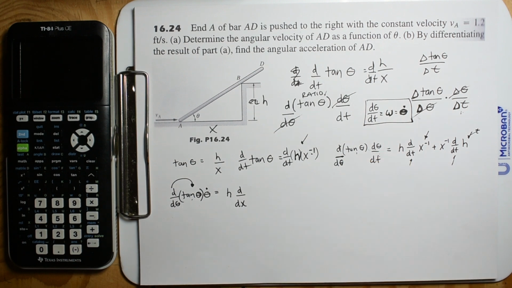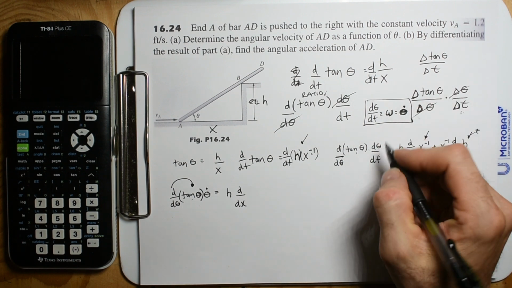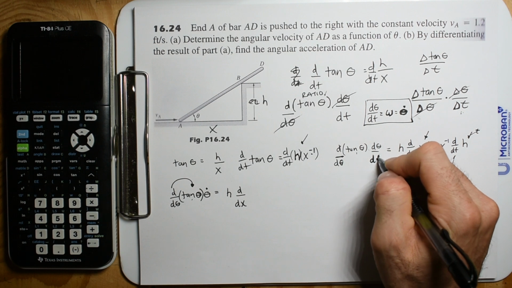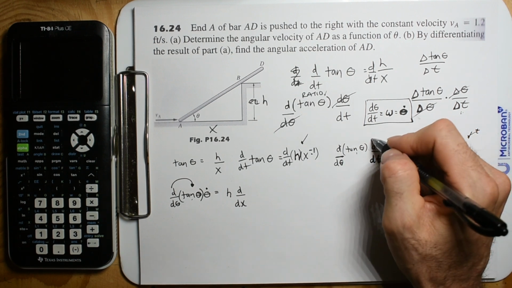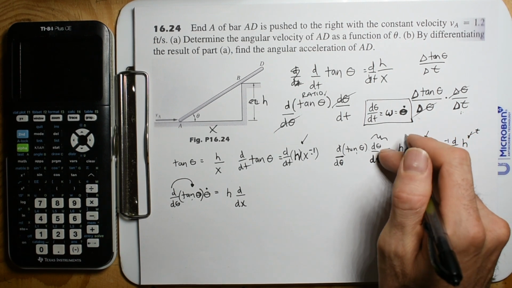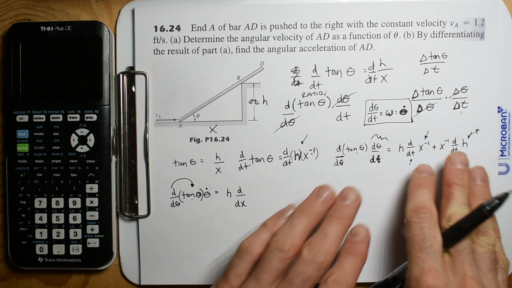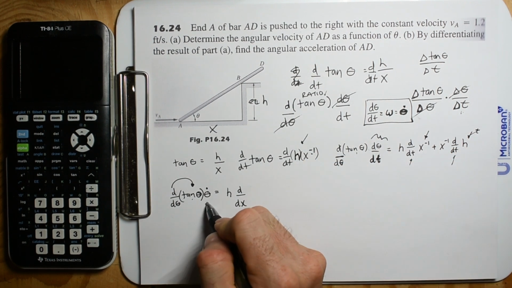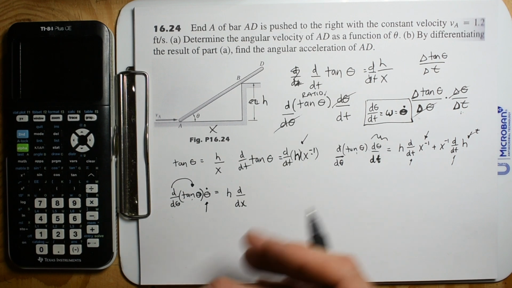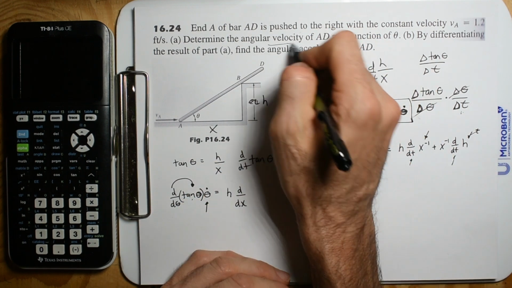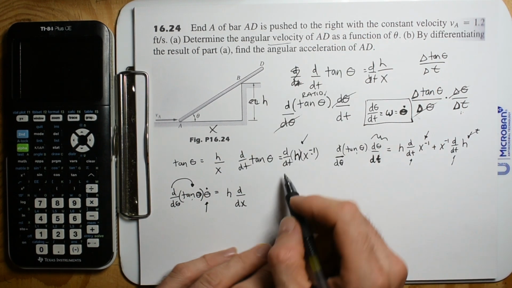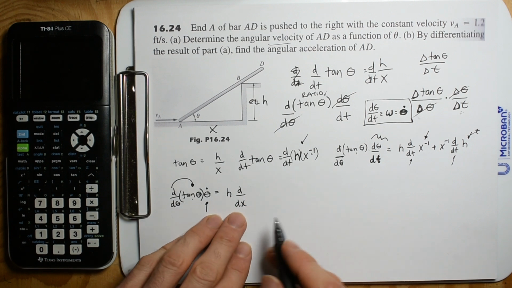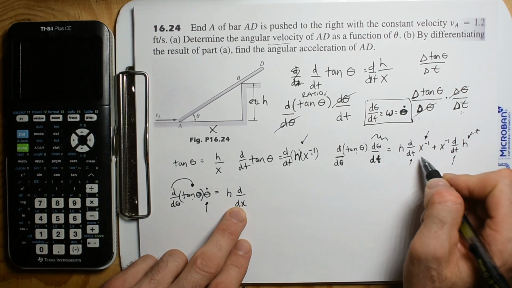Cool. And then over here, we're going to have change in the angle divided by change in time. And that's kind of the magic of these things, because this is what we're trying to shoot for. So once we do all the differentiation, we'll try to get this by itself, and then we'll have an equation for the angular velocity. This is angular velocity. Hell yeah.